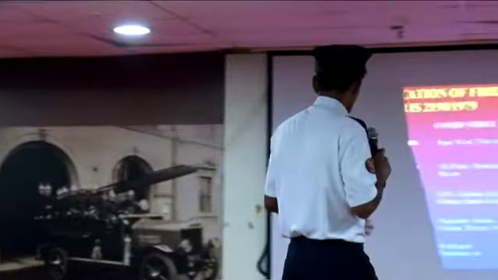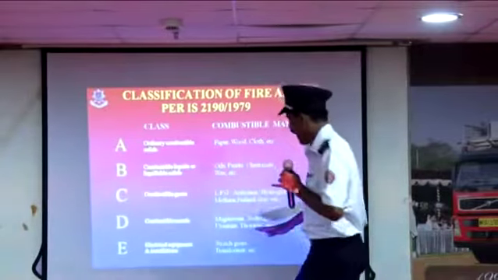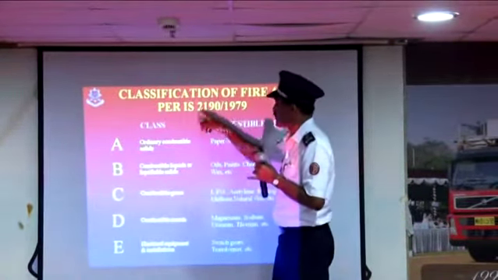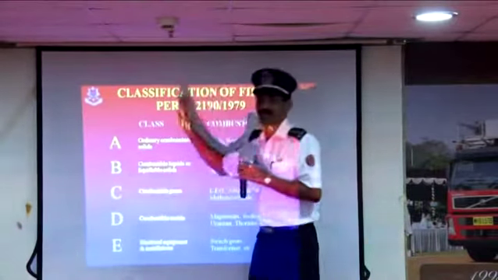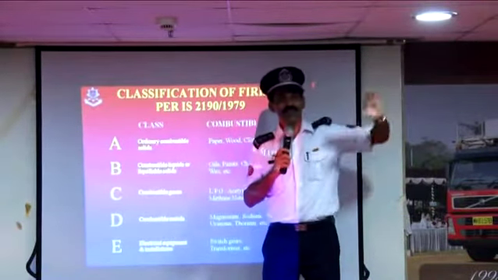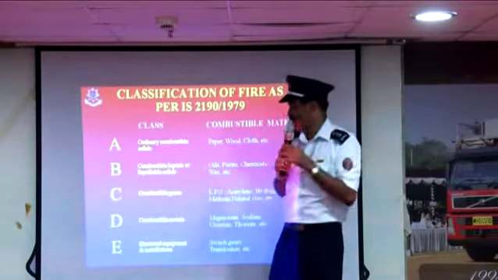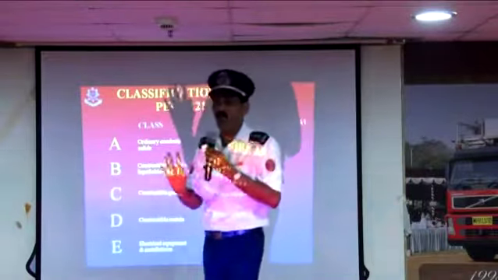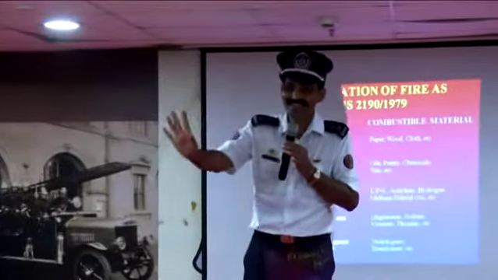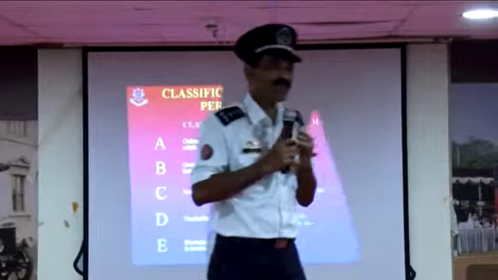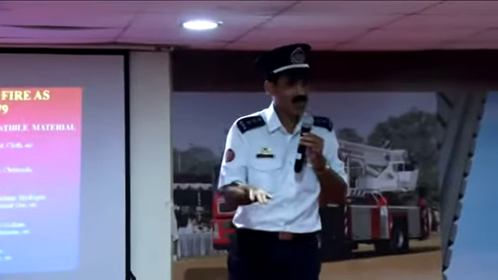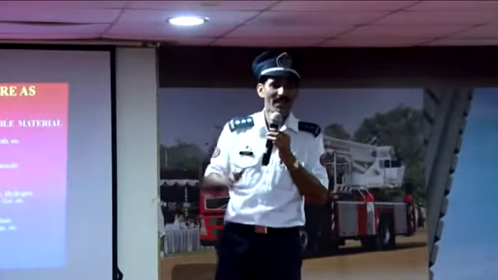Okay. So let us go towards E. Now as per IS 2190 only 4 classes are there, but in ancient days there was a class E. E stands for electricity, electrical fire. But it came to be known that whenever we switch off the main, then you can use water as well or any extinguishing media.